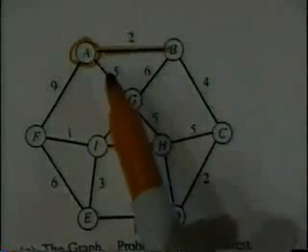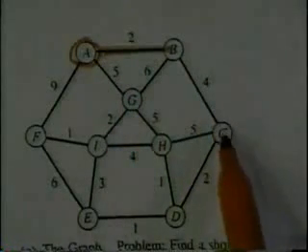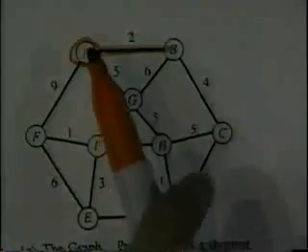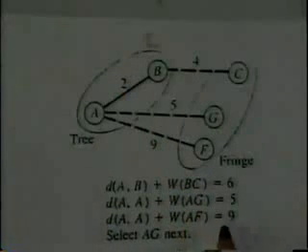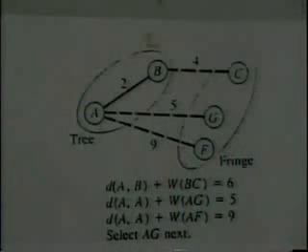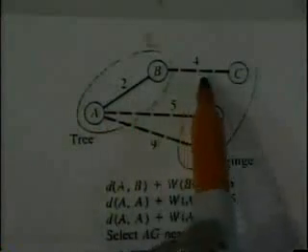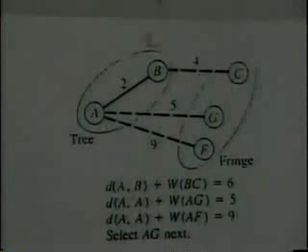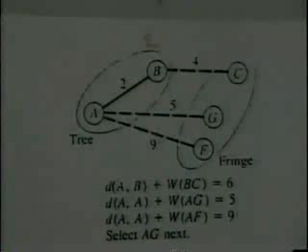Which is better? 5. How can we get to C? We can get to C at a cost of 6. So what we've got is a world where we have some vertices that are known, and some vertices at which we have ways of getting to them by going through known vertices and one extra edge. The next vertex we pick is going to be what?